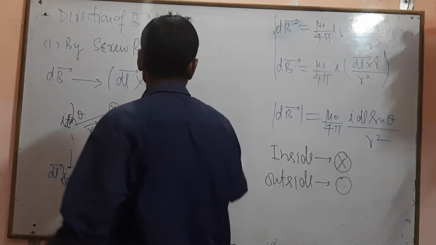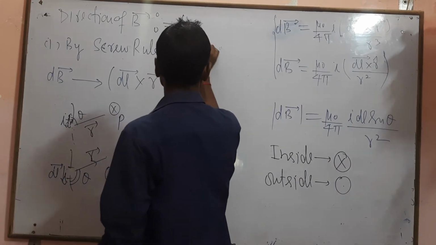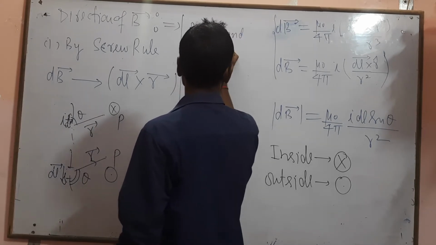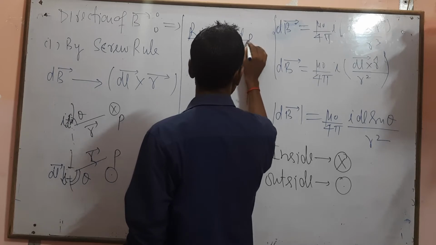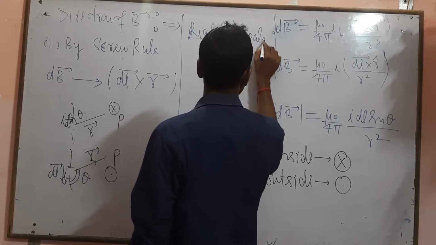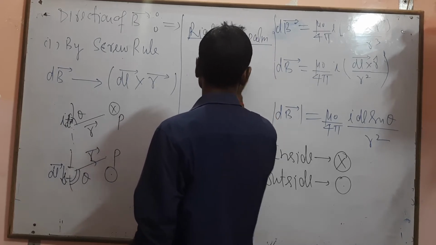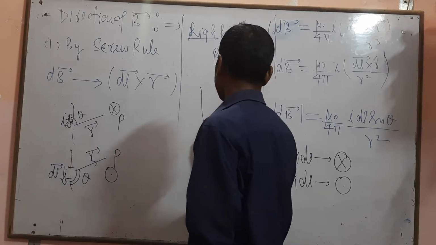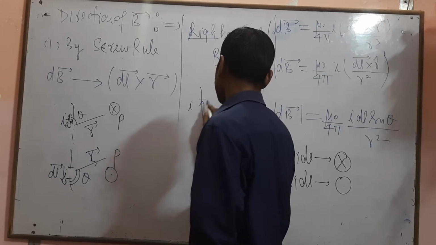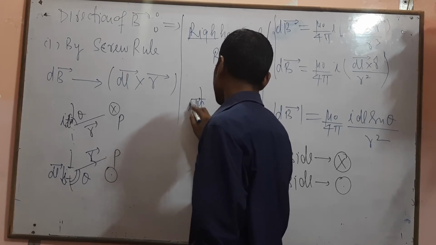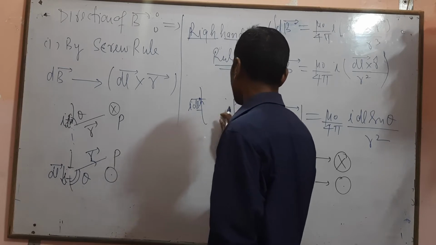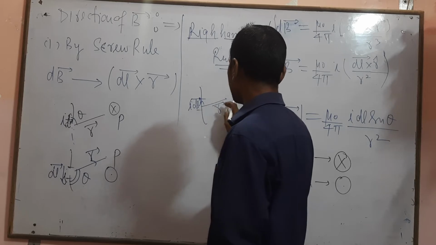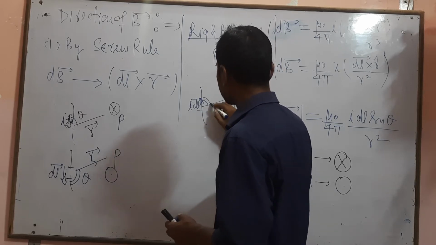If the current is this, and this is the dl vector, and we need the magnetic field at point P, then the r vector is from dl to point P, and this is the angle theta.